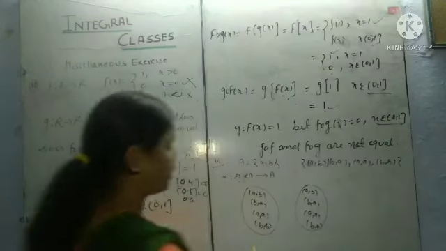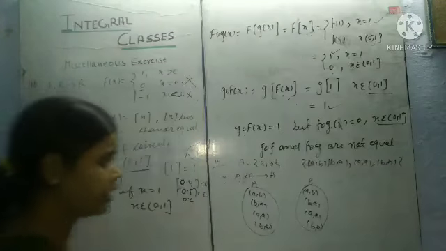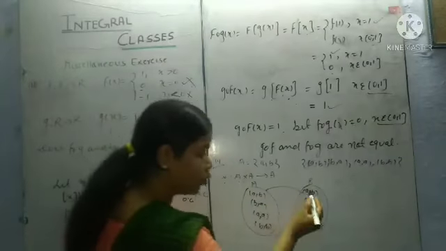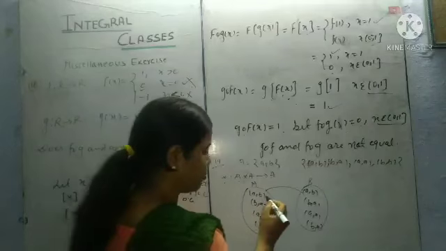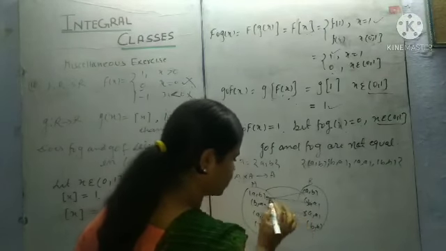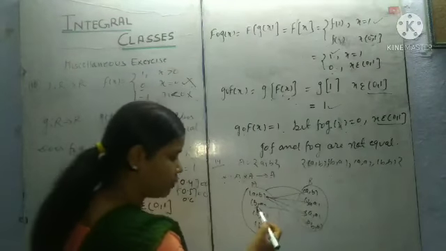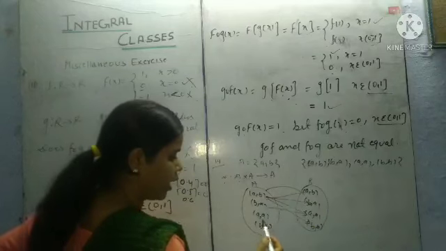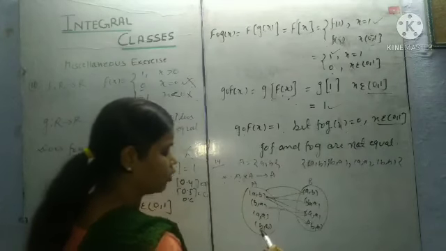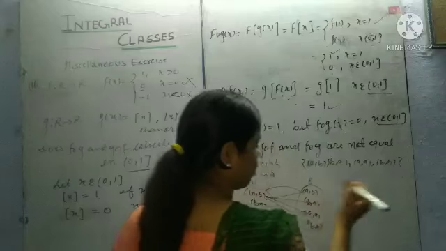Now student, every pair of set A is related to each pair of B. So (a, b) is related to all four, again (b, a) is also related to all four, (a, a) is also related to all four, and (b, b) is also related to all four. So the total number of binary operations, how many are there? 2 to the power 4.